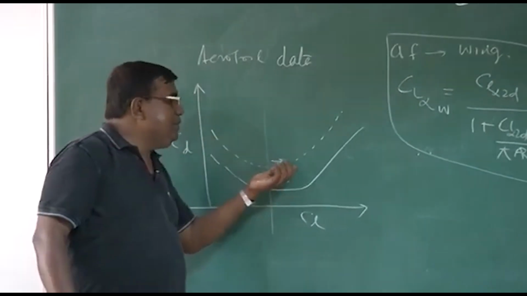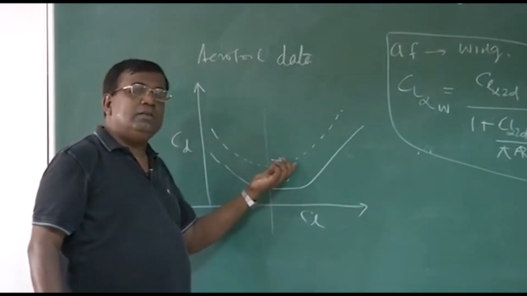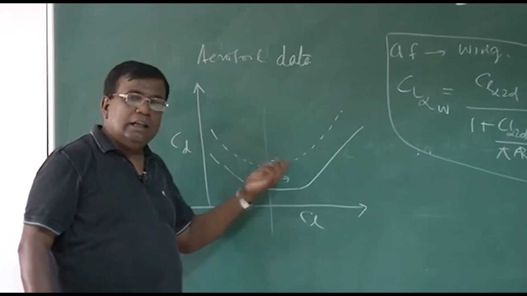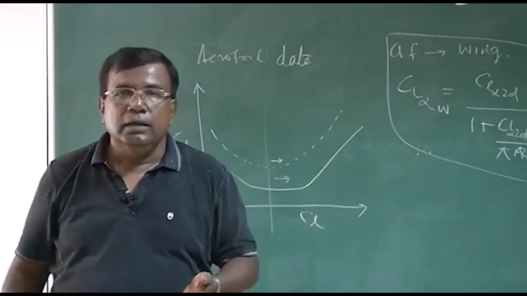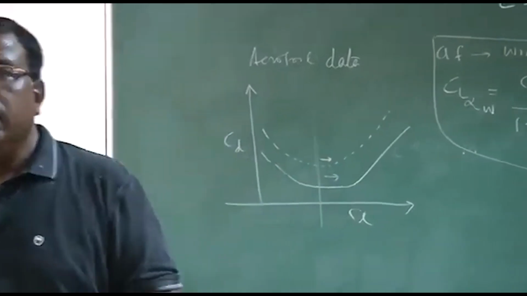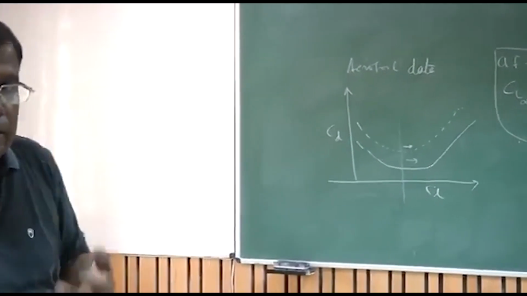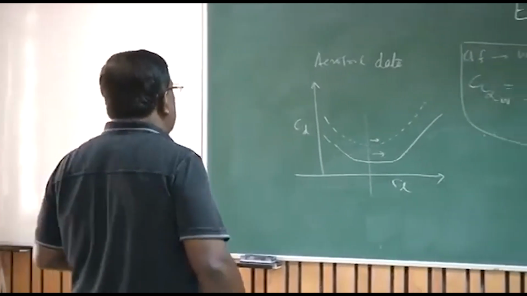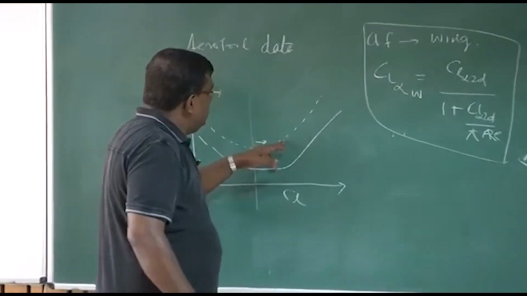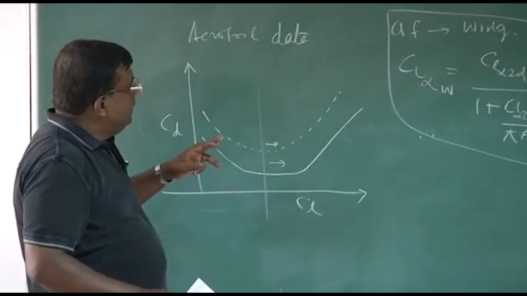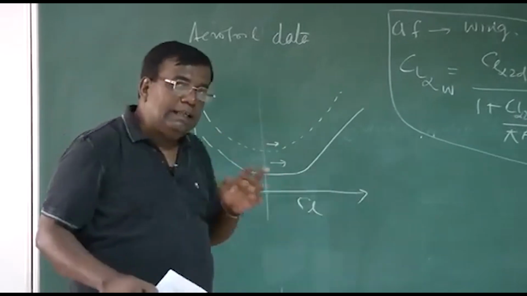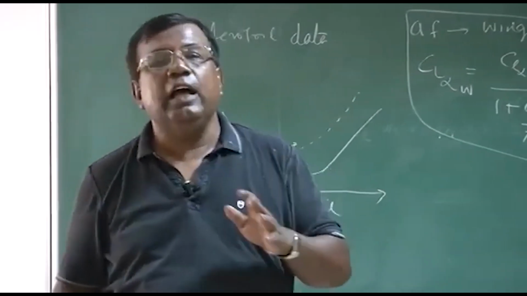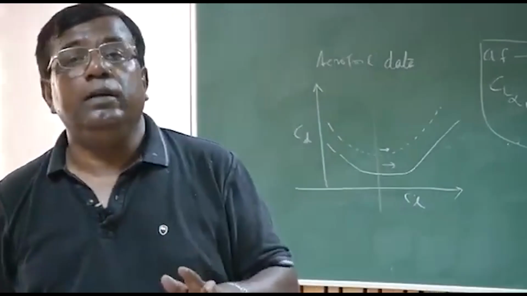So what do you think? Is this because of induced drag? That is my question. Please understand, I cannot talk of induced drag when I am talking about an aerofoil.